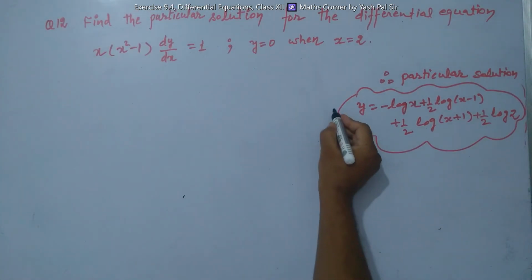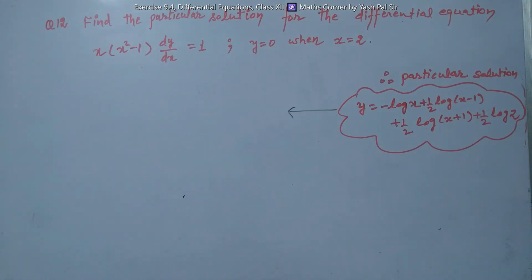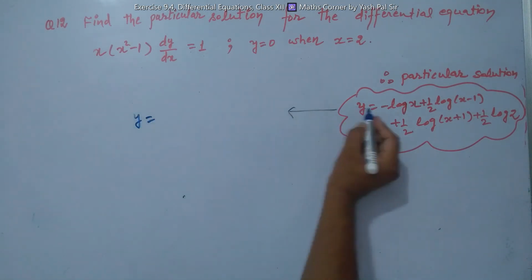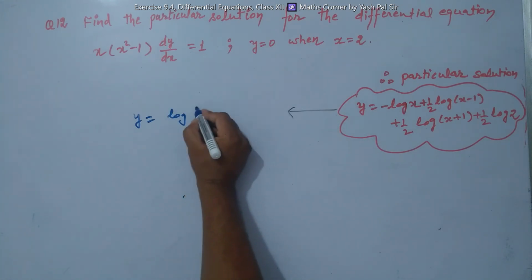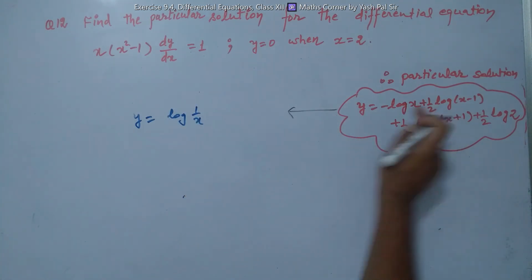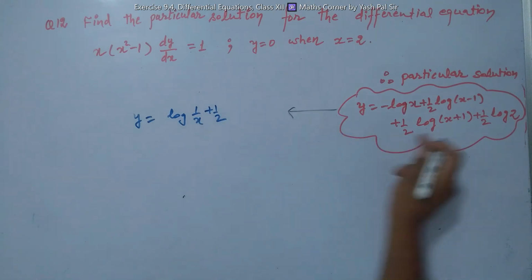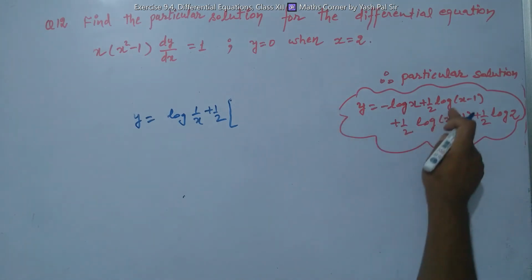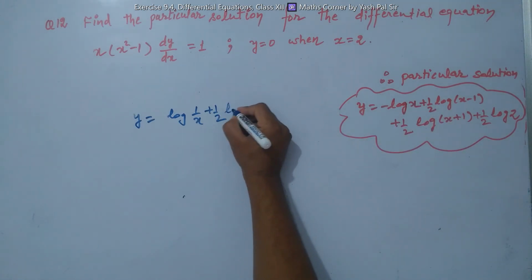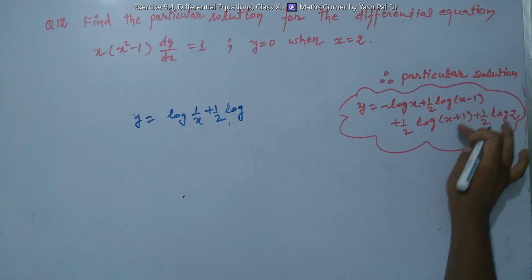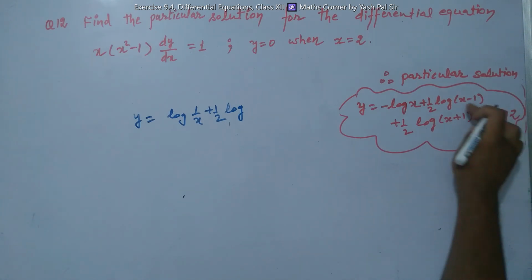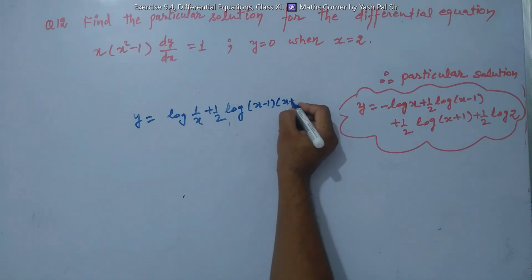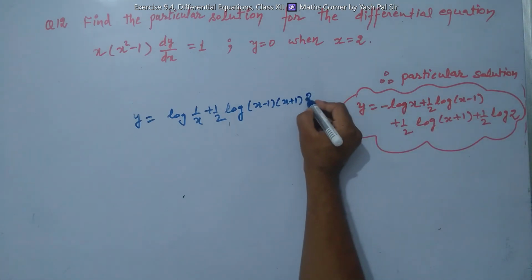We can also simplify this particular solution further. How to solve this now? This becomes y is equal to log of 1 upon x plus 1 upon 2 taken outside, so we are left with log of x minus 1 into x plus 1 into 2.